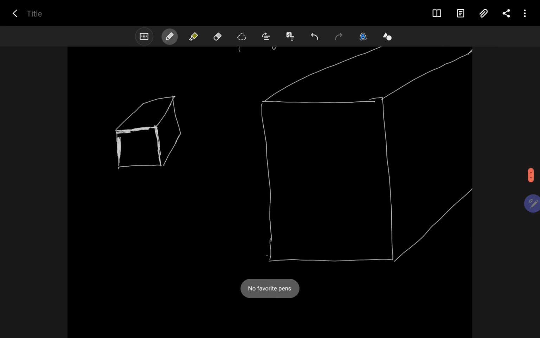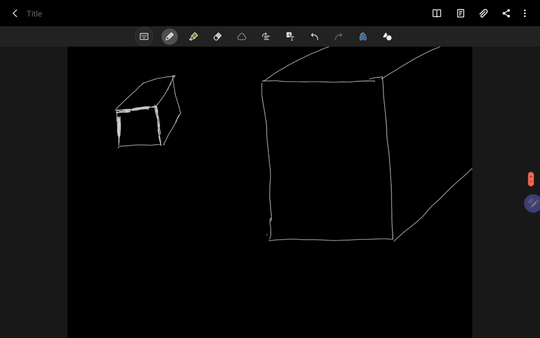For example, we could say that this is, what kind of numbers do I want? .25 meters. While this height right here is 0.35 meters.